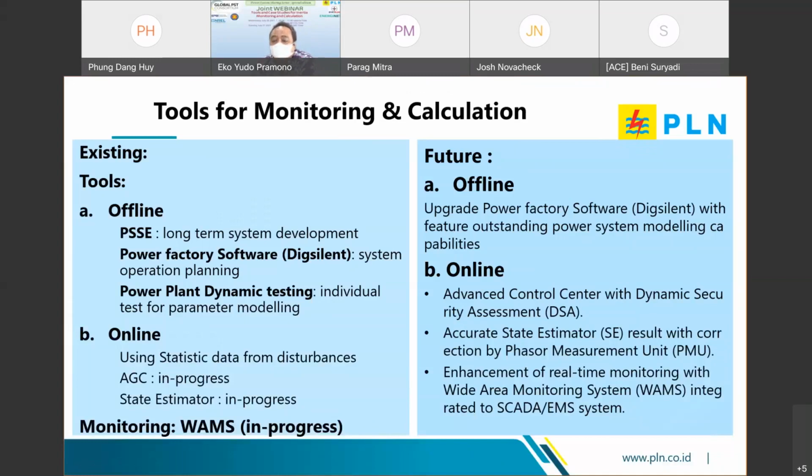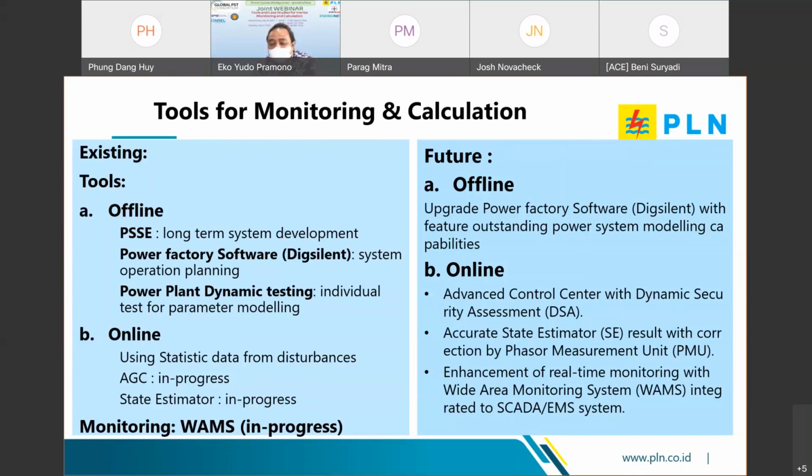For offline, we only use PSS/E for long-term system planning and PowerFactory for system operation planning, to make daily plans. And power plant dynamic testing is used for parameter modeling, to get the real parameters of our generation to put into our system modeling in PowerFactory or PSS/E.